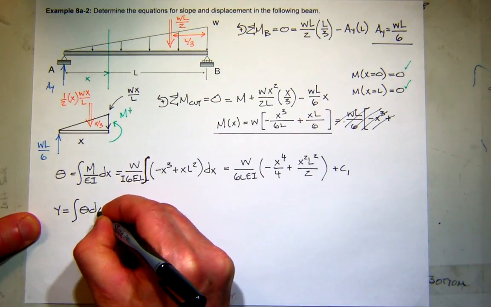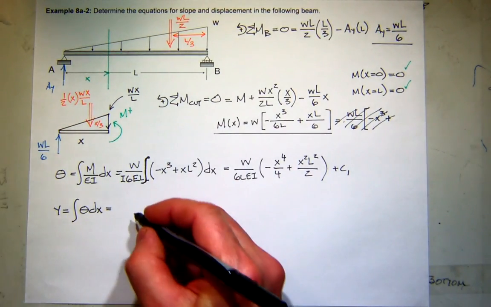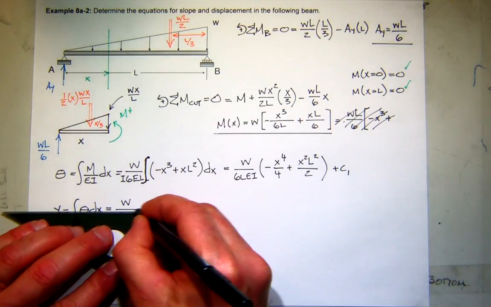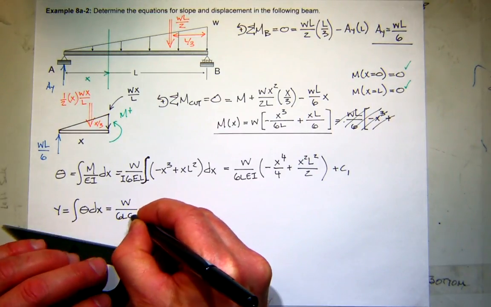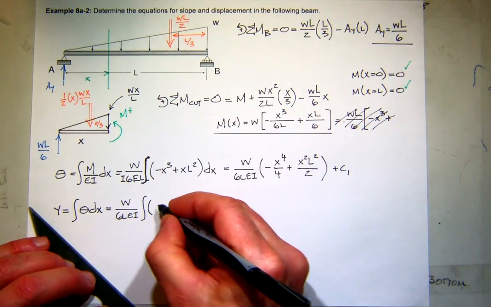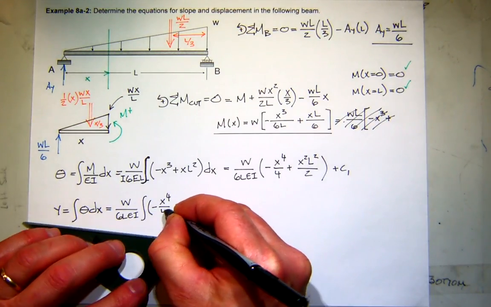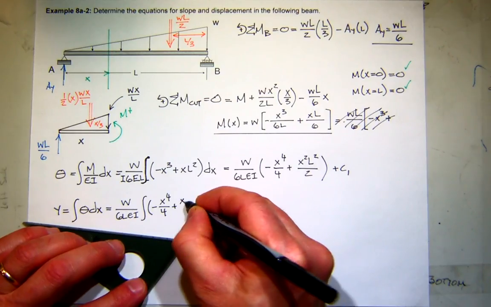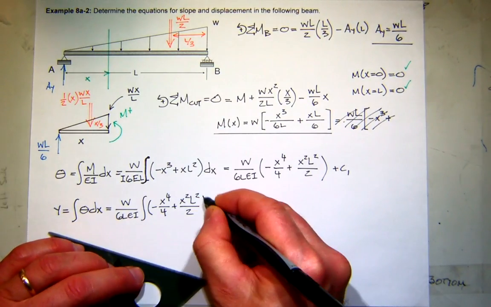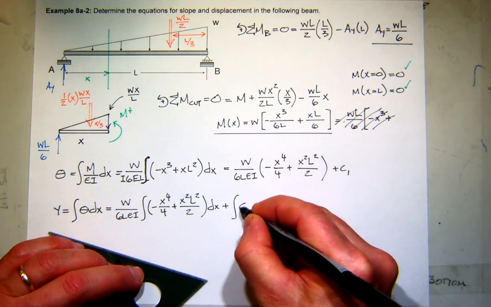So let's integrate the slope to get the displacement. I'm going to integrate that thing. Again, I'm going to have my W over 6L EI, and I'm going to integrate x to the 4th over 4 plus x squared L squared over 2, plus I'm going to integrate C1.